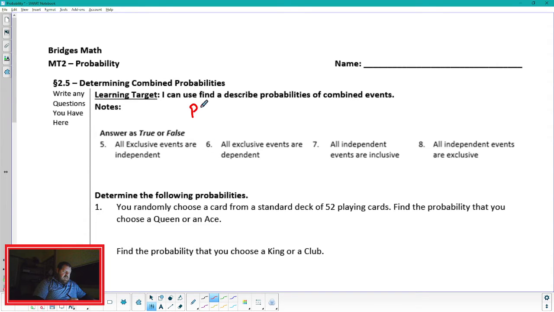Exclusive means that the probability of A or B is equal to the probability of A plus the probability of B. It also means that the probability of A and B is equal to 0.